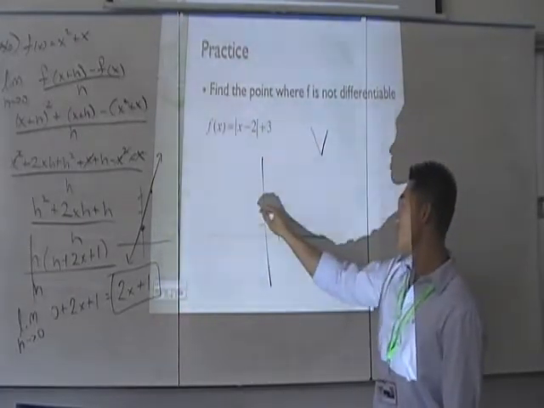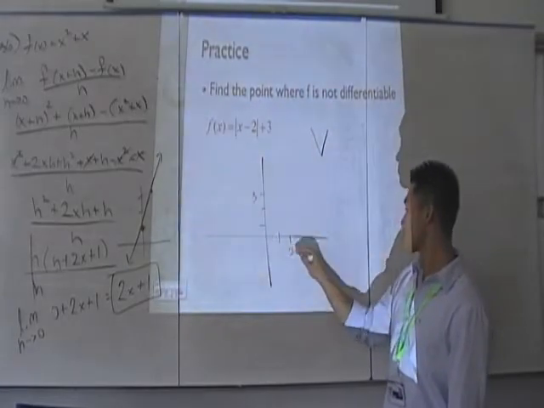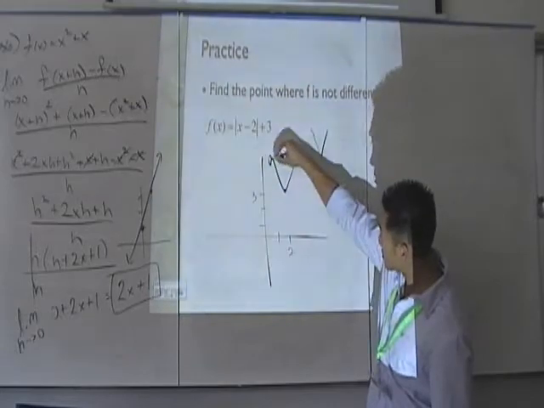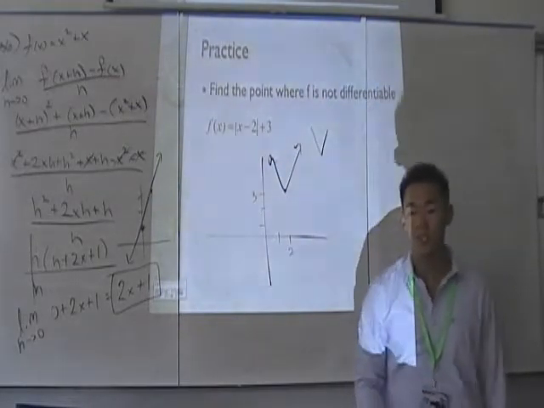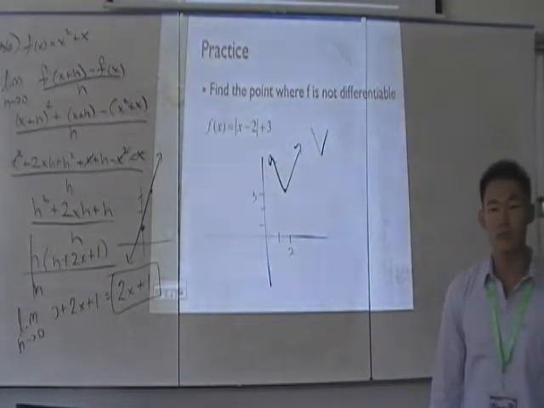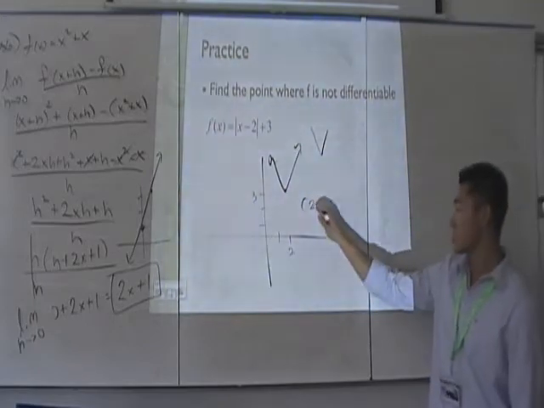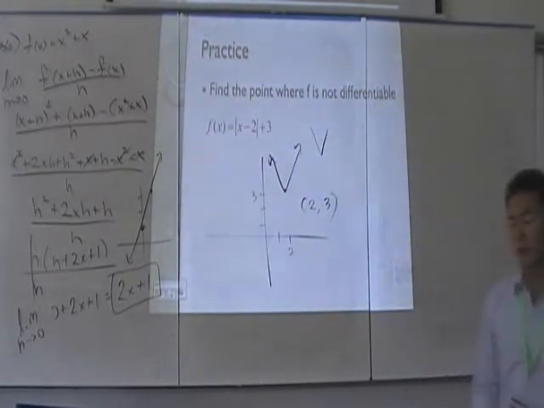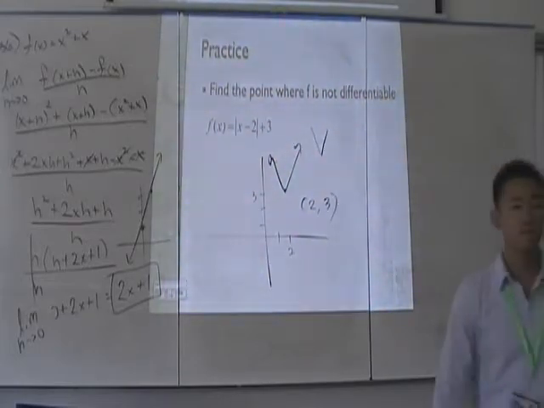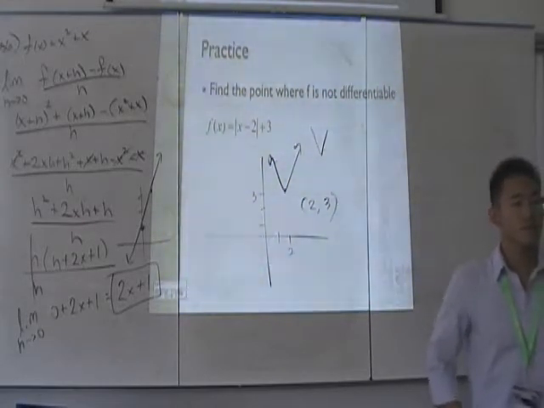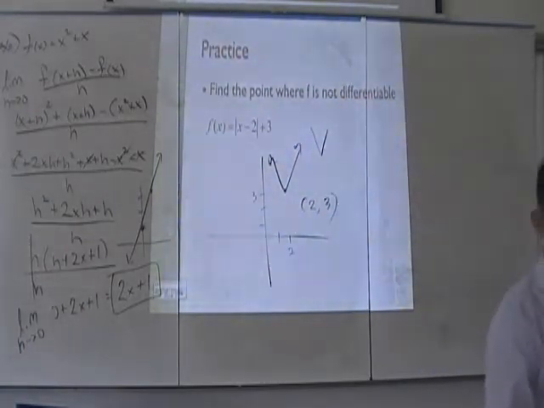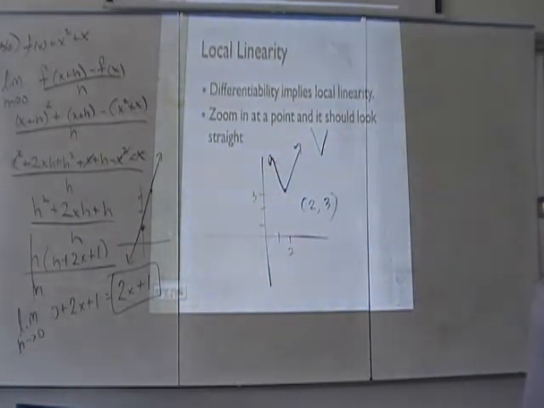So right 2, up 3. So there's your vertex. And it's not differentiable. So where is it not differentiable? At 2, 3. At the vertex. Okay, any questions there? Okay, make sense? Okay, local linearity.